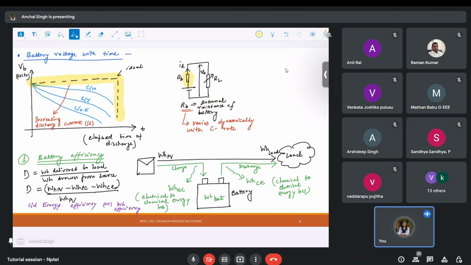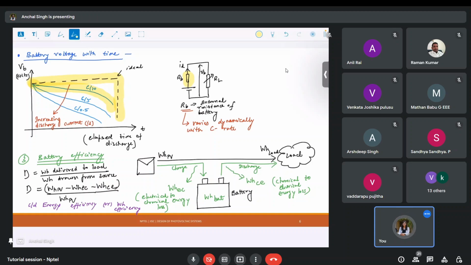So in this curve, you can see the practical characteristic will not be like the black ideal characteristic. It will be somewhat deviated from the ideal, as you can see in the blue curve. The first is the characteristic for the C10 battery. Another is the C5 battery and another is the C/.5 battery, that is 2C.